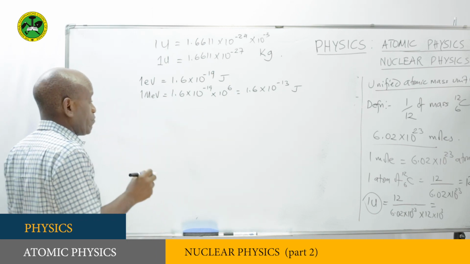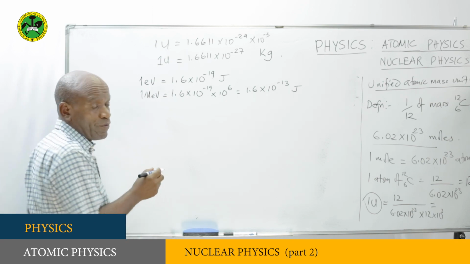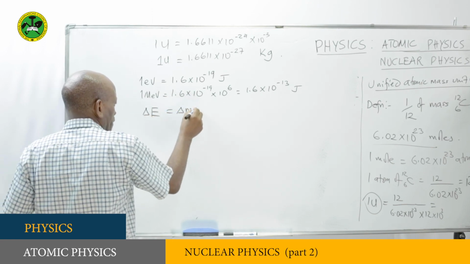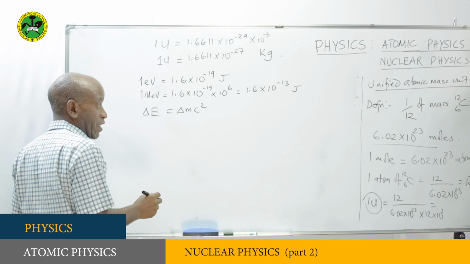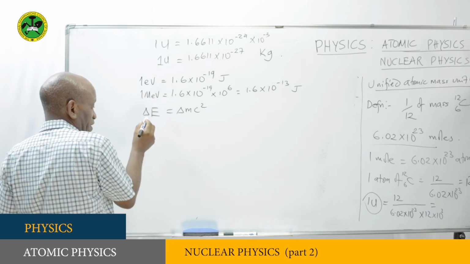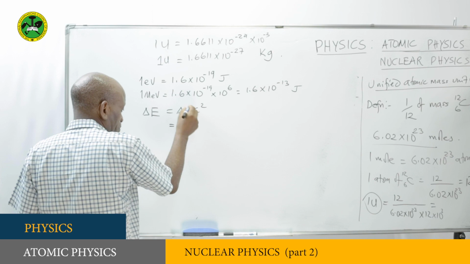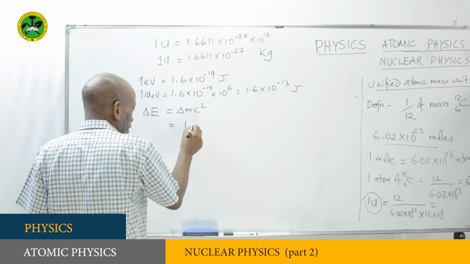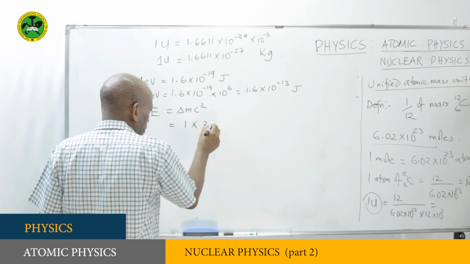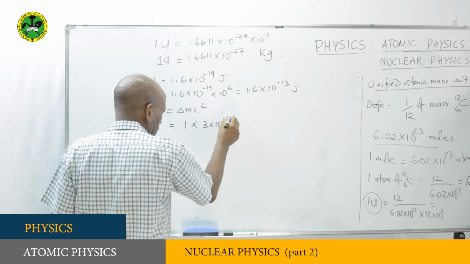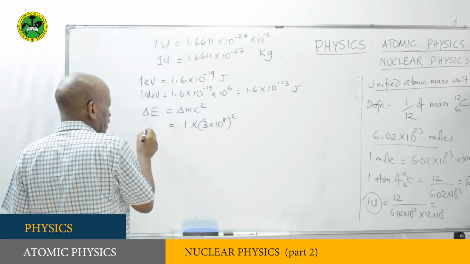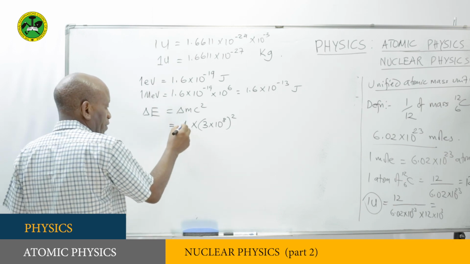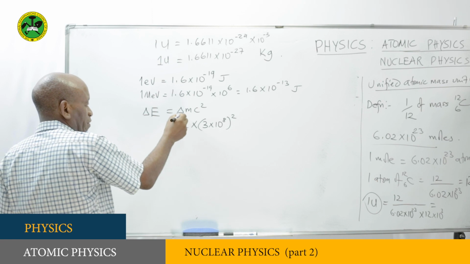But as we have already seen from the Einstein formula, the change in energy is equal to the change in mass times the square of the speed of light. So if I take the change of mass to be 1 kilogram, then multiply by the speed of light, which is 3 times 10 power 8, squared, we'll get the energy which will be produced whenever we have a 1 kilogram change of mass.